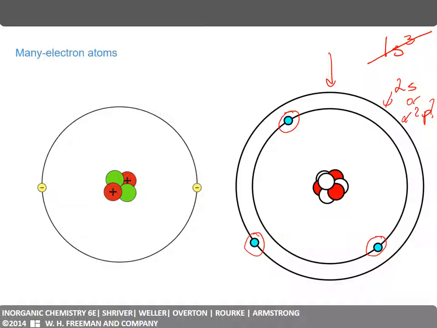In order to answer this, we need to examine the energies of the subshells and the effects of other electrons in the atom. We know that the 2s and 2p orbitals have the same energy in hydrogenic atoms, right?